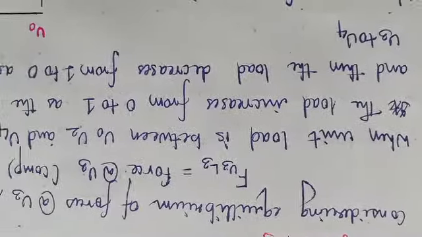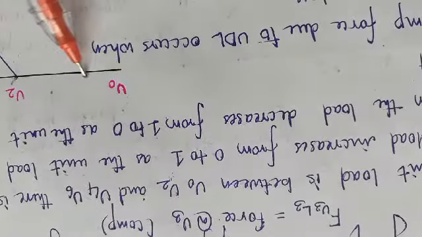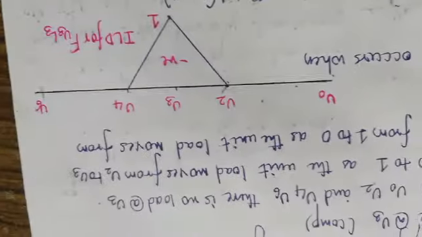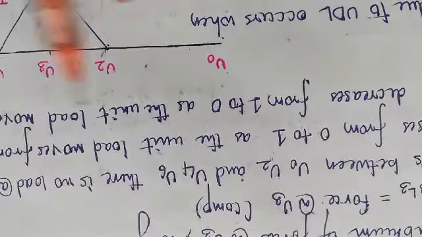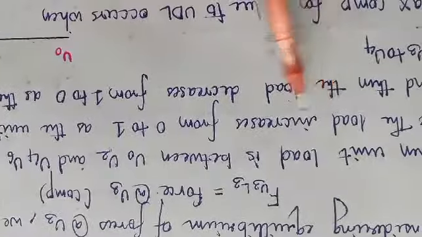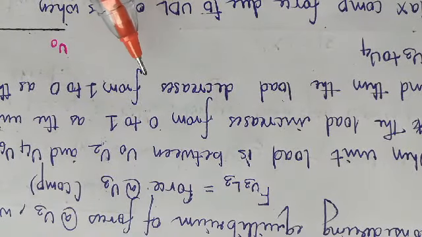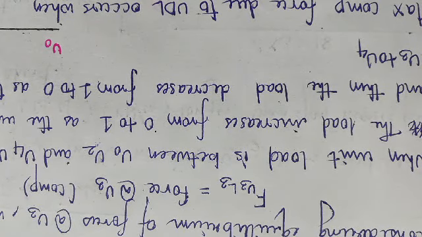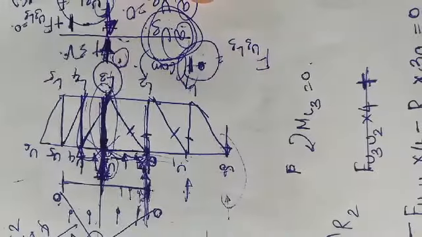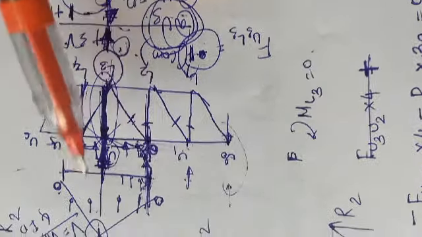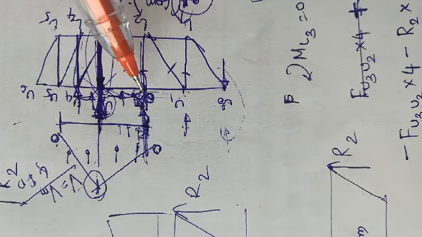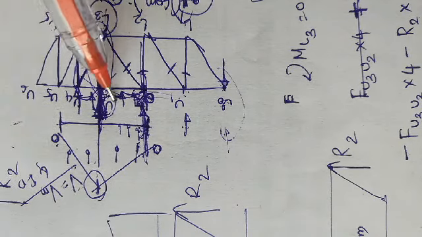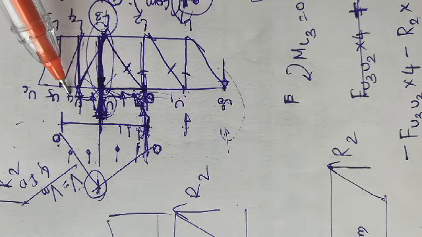When the unit load is between U0 and U2 and between U4 and U6, there is no load at U3. The force increases from 0 to 1 as the load moves from U2 to U3, and it decreases as the load moves from U3 to U4.